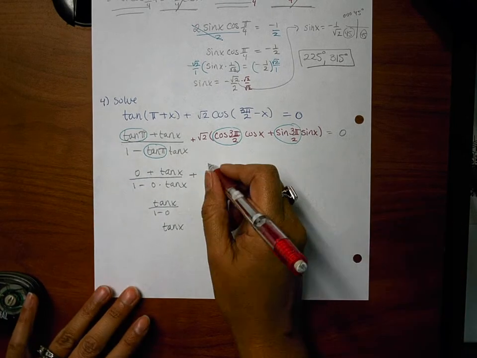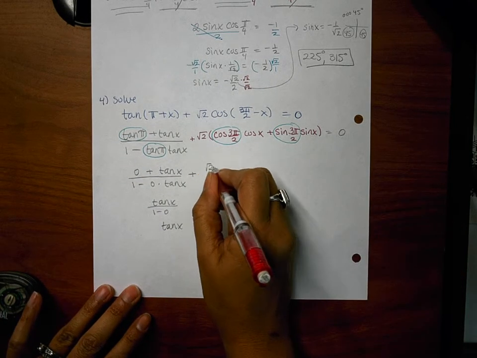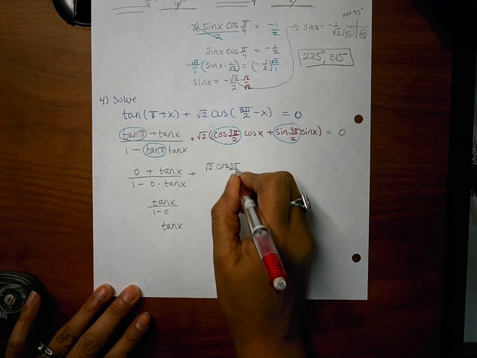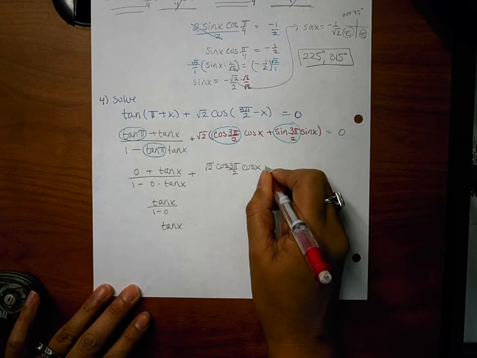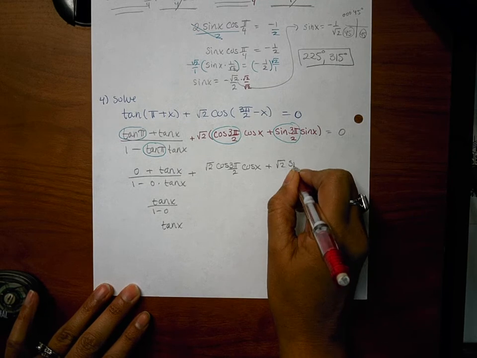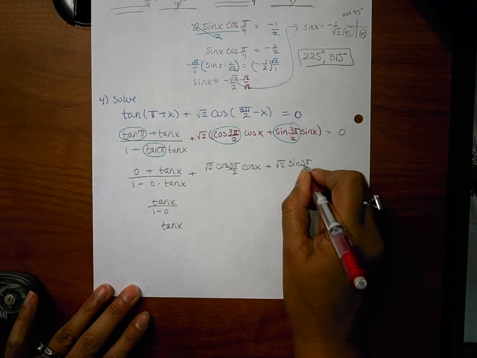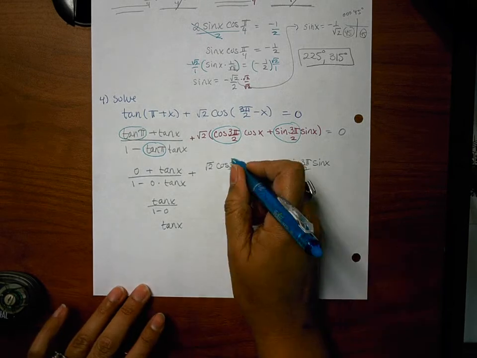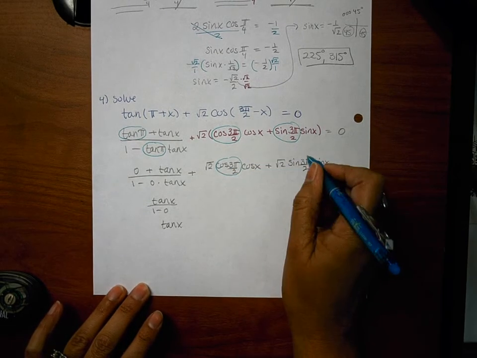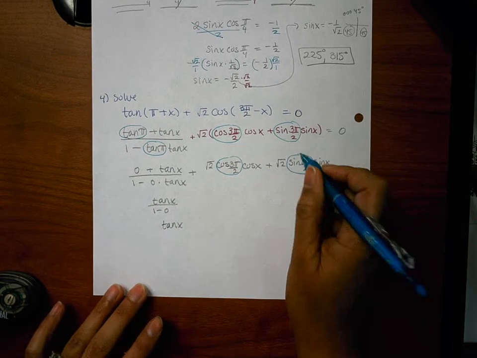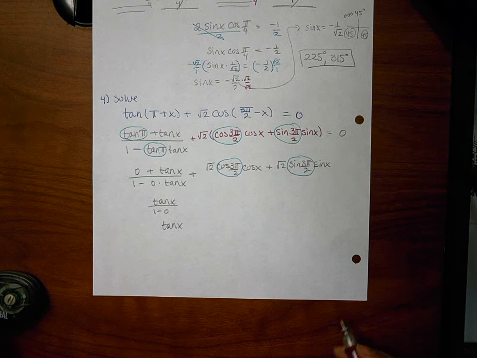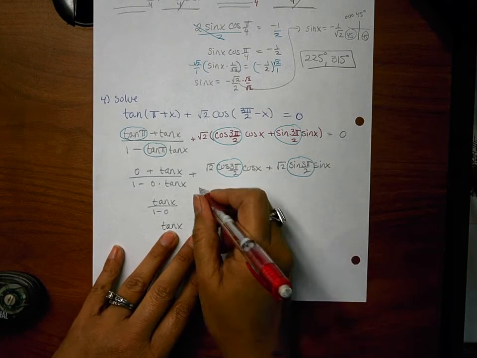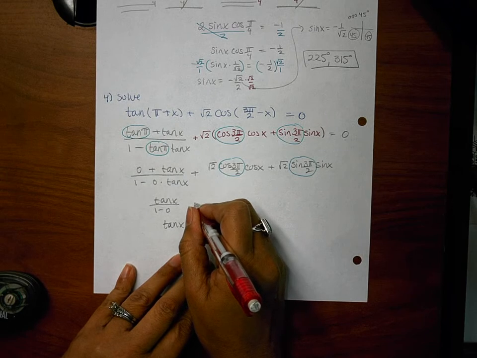You can distribute now, or you can evaluate first. It doesn't matter if you want to distribute now. Root 2 cosine 3 pi over 2 cosine x plus root 2 sine 3 pi over 2 sine x, and I'm going to go back and circle the ones I can evaluate. That one there and that one there. 3 pi over 2 is 270.